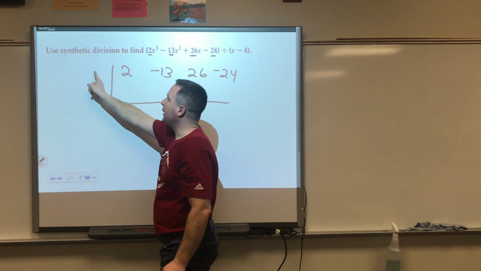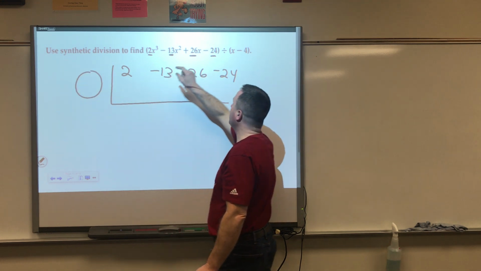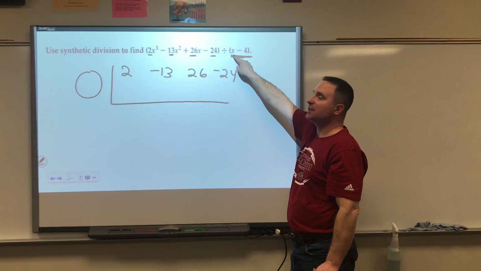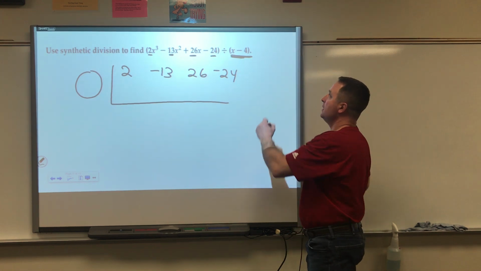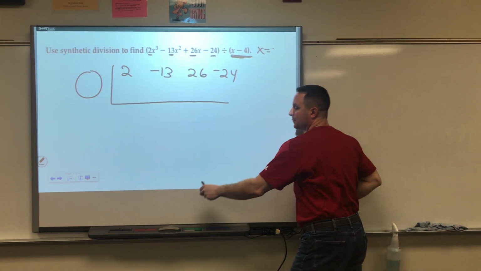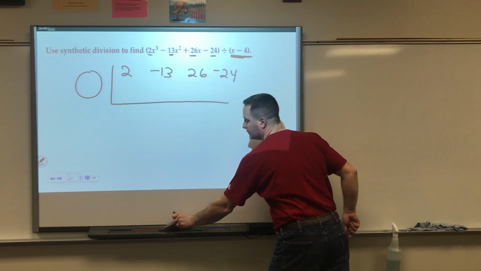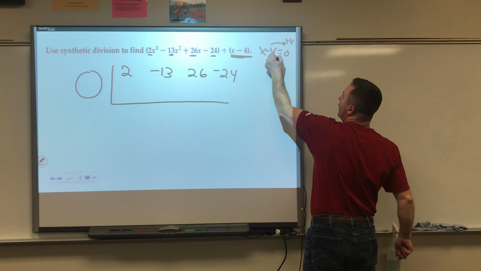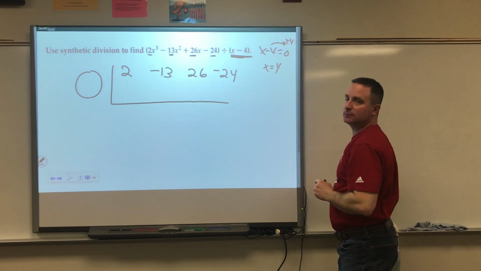Then we put a number out front. The number that goes out front is the value of x that makes the divisor equal 0. If x minus 4 equals 0, and I add 4, x equals 4.